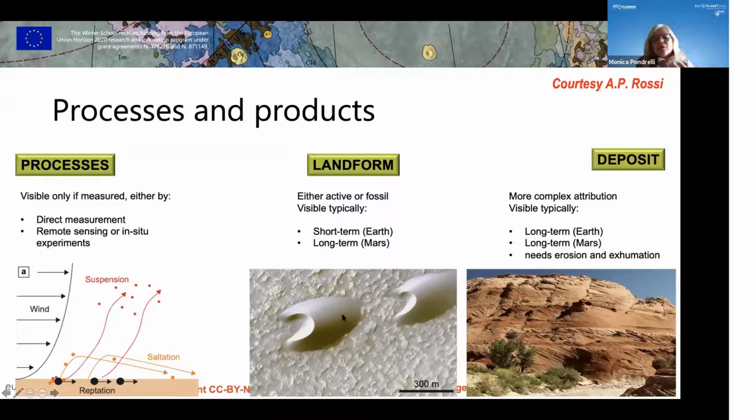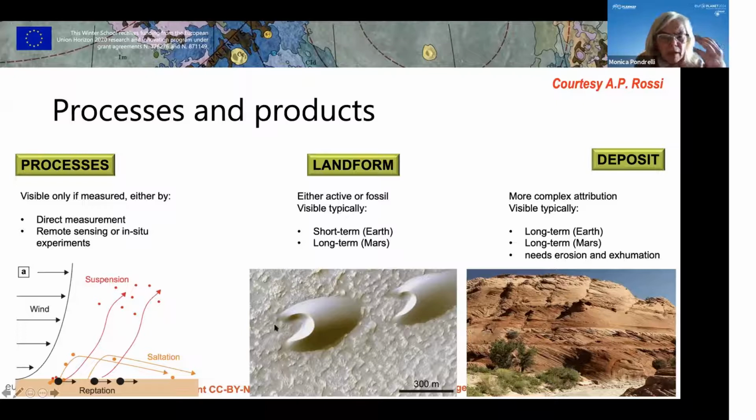The landforms on Earth are something which are geologically short-term, which means that basically we have landforms preserved only in the Quaternary on Earth. This is not true on Mars because, since weathering is not as effective as on Earth, we can have morphologies that are even billions of years old.